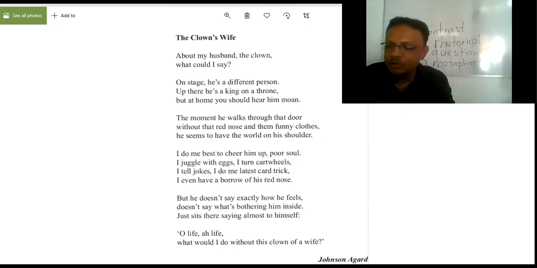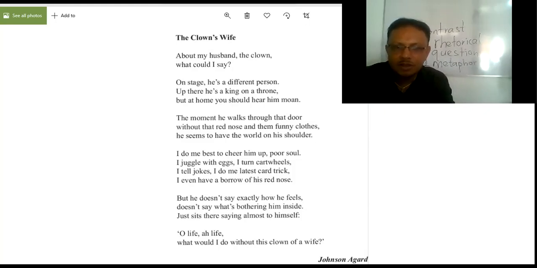And also you can say the language is very simple spoken idiom, and the structure is unrhymed. There is no particular rhyming scheme, but some rhyming words are there. You can see thrown, mourn, but it's not regular. It's an irregular rhyming scheme.